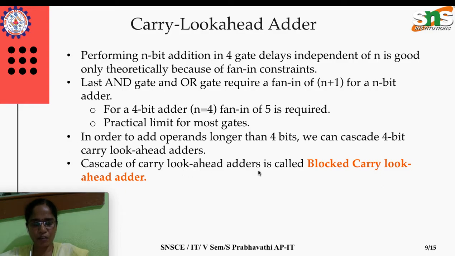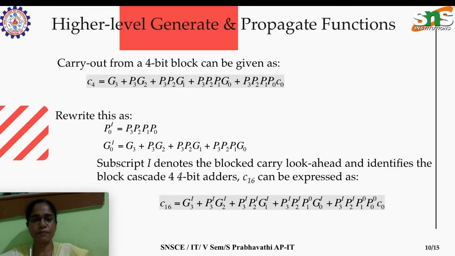Cascading of carry look ahead adders is said to be a blocked carry look ahead adder. I think now you got the concept of carry look ahead adder. So far we have seen the carry look ahead adder for 4 bit, which will perform addition of only 4 bit in size. If we want to perform addition of 8 bit or 16 bit or 32 bit, we need to cascade that 4 bit carry look ahead adder.